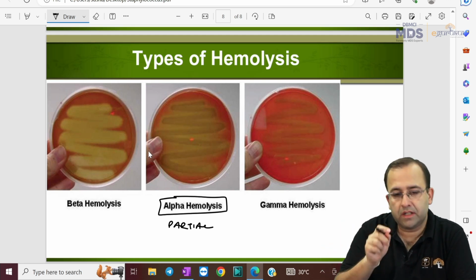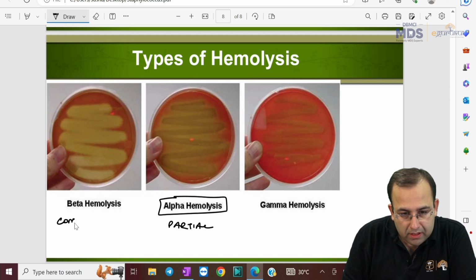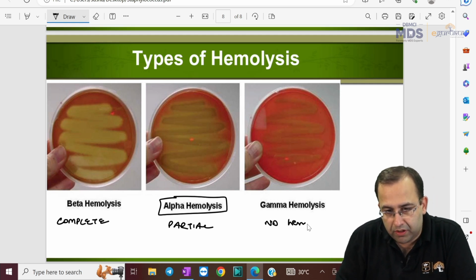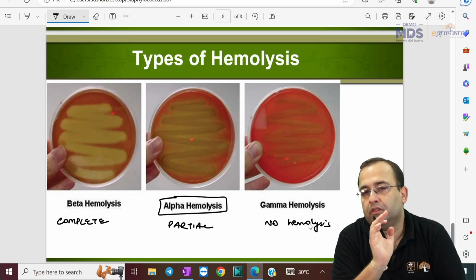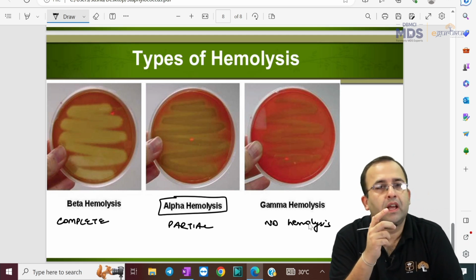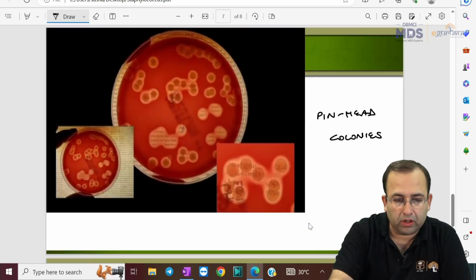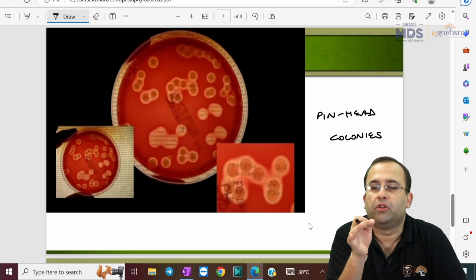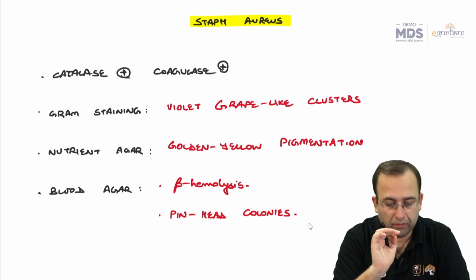You are able to make out these streaks around which there is partial hemolysis. Beta hemolysis is complete hemolysis versus gamma, which is no hemolysis. These are the types of hemolysis on blood agar. Both Staphylococcus and Strep we will be classifying it also, but Staphylococcus shows the presence of beta hemolysis with bigger colonies, with presence of pinhead colonies.